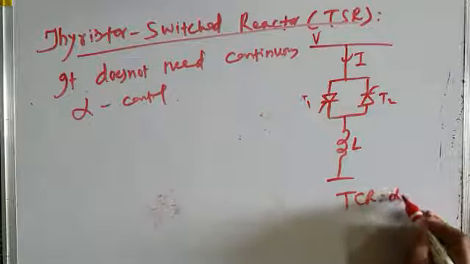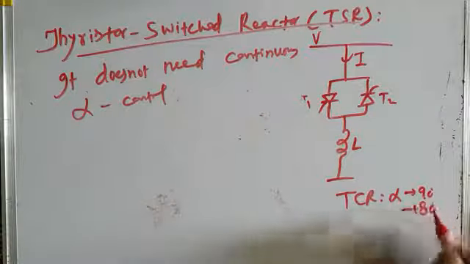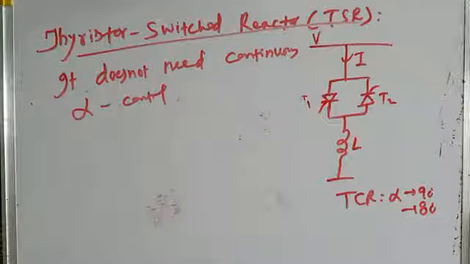Alpha is changed from 90 degrees to 180 degrees depending upon how much reactive power is to be absorbed by TCR. So there is continuous delay angle control, and hence continuous, smooth current variation, and smooth, continuous reactive power absorption in a controlled manner.